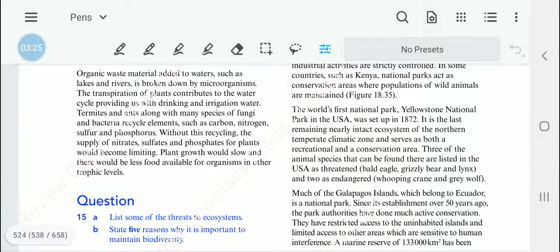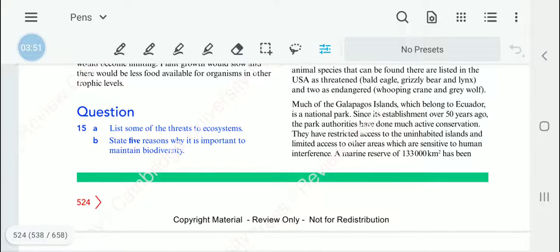There are three types of animal species found in there: the bald eagle, grizzly bear, and lynx, and also two endangered ones, the whooping crane and grey wolf. They are threatened and endangered animals. So these different kinds of animals are protected in these areas. Without the establishment of these areas, they will die off.